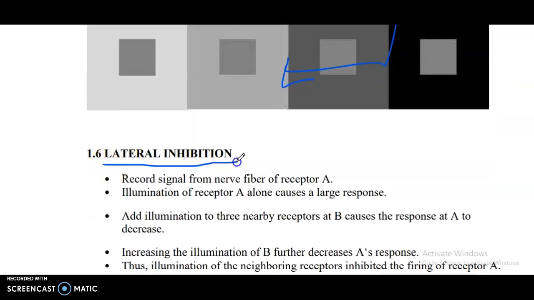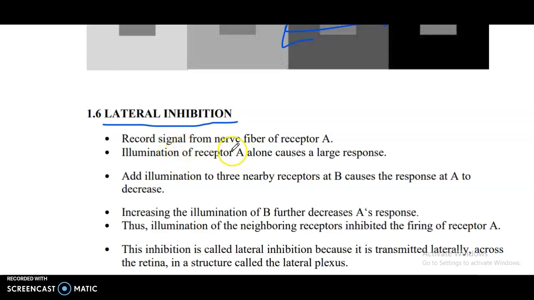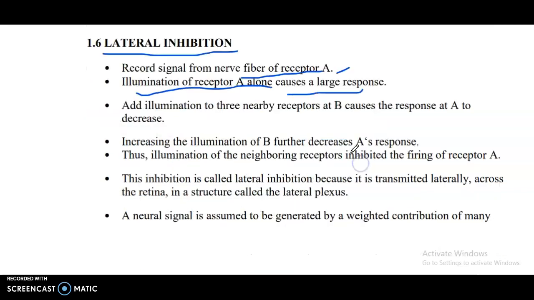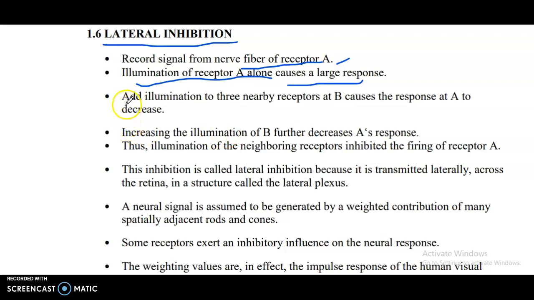Lateral inhibition: record the signal from nerve fiber receptor A. Illumination of receptor A alone causes a large response. Adding illumination to three nearby receptors at B causes the response at A to decrease.